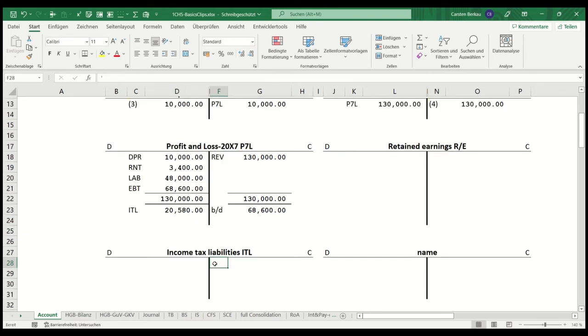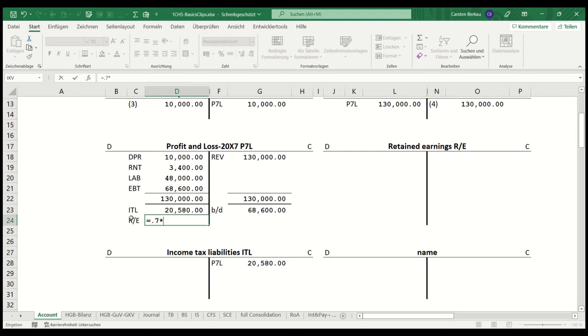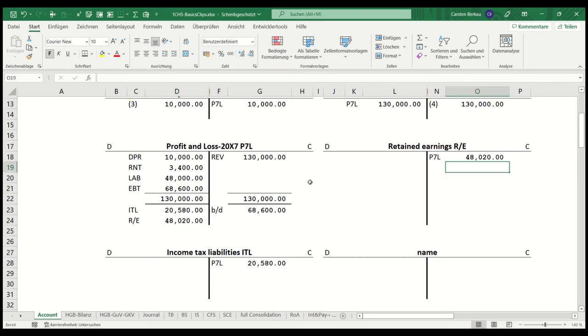I immediately make the contra entry in the income tax liabilities account. The reference is profit & loss. Next, I calculate the annual surplus, which is recorded in the retained earnings account. Again, I calculate 70%, which I multiply with the 68,600, which gives me 48,020.